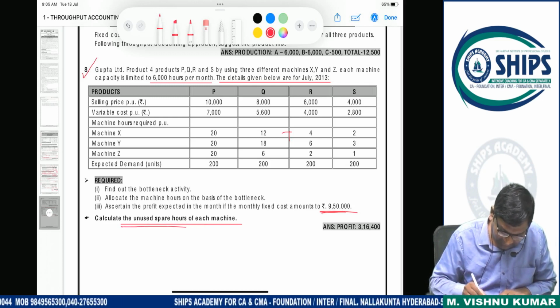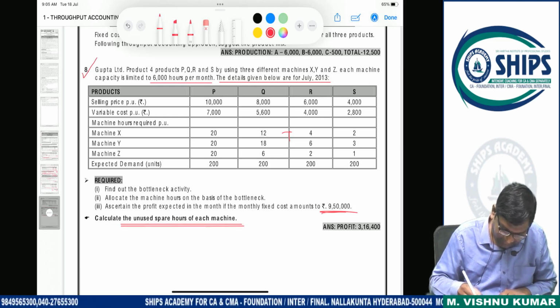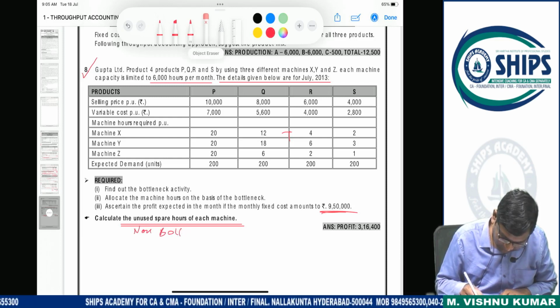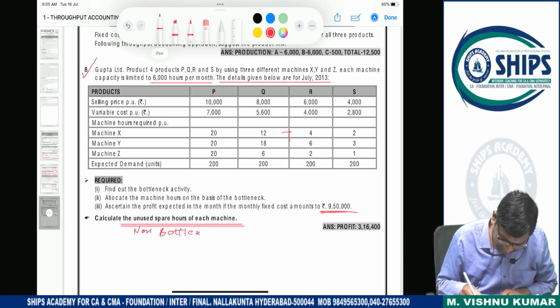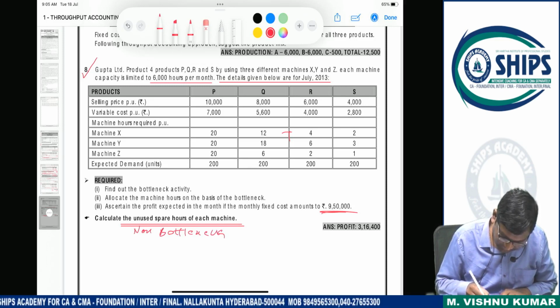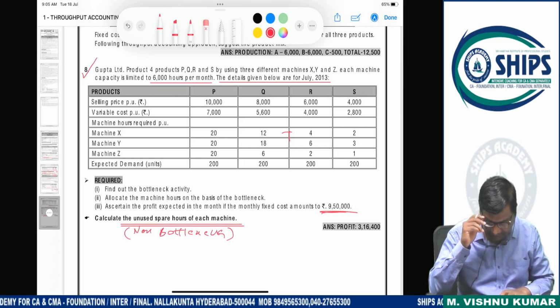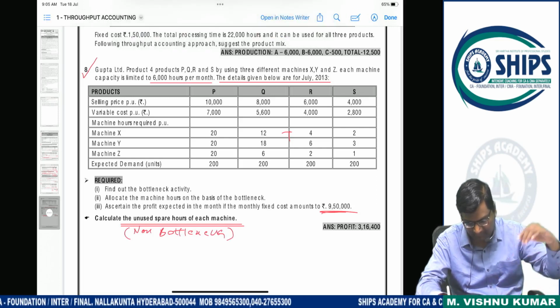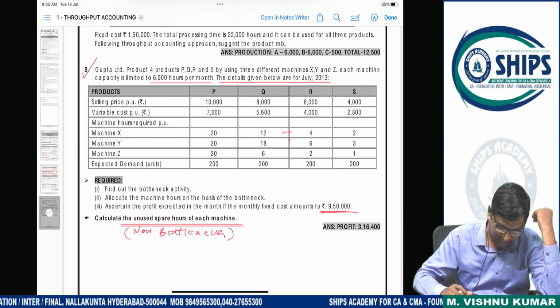Unused spare capacity will come for non-bottleneck department, because bottleneck capacity fully we will use. Right? Shall I start this?